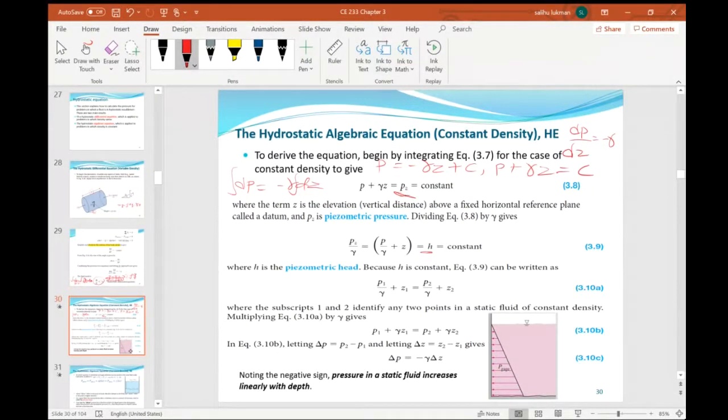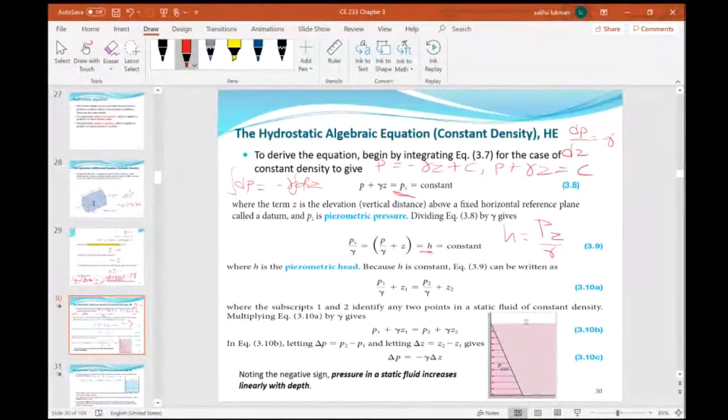The piezometric head is the piezometric pressure divided by gamma. Very simple, and this is all constant.